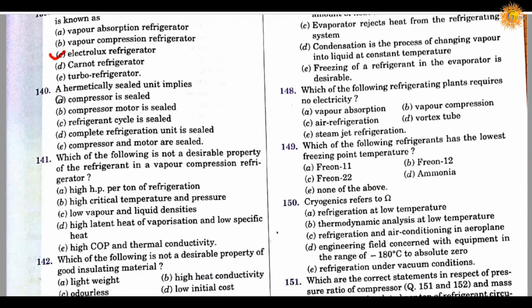Question number 140. A hermetically sealed unit implies: option A, compressor is sealed; option B, compressor motor is sealed; option C, refrigerant cycle is sealed; option D, complete refrigeration unit is sealed; option E, compressor and motor are sealed.